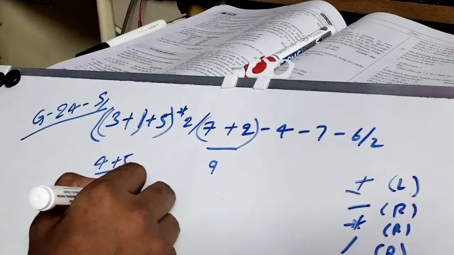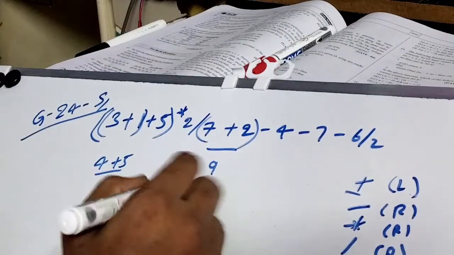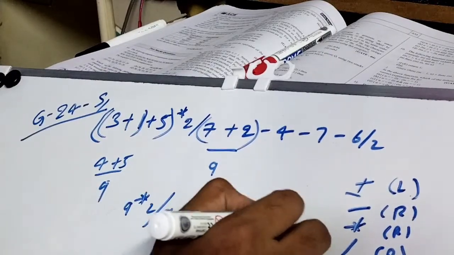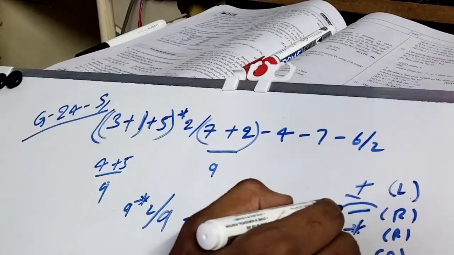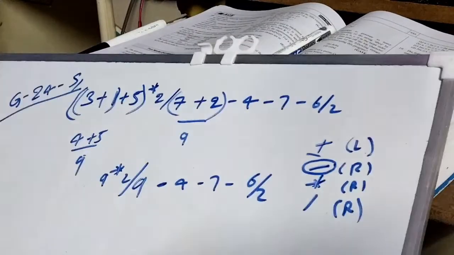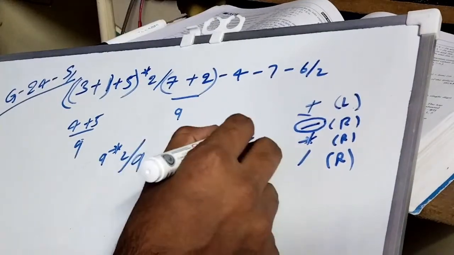So we do 9 into 2, then 9 minus 4 minus 7 minus 6. After that, negative has the highest precedence, so we do this first.